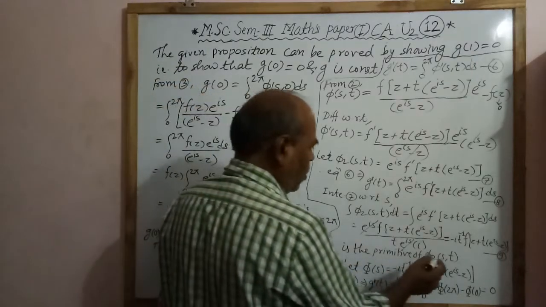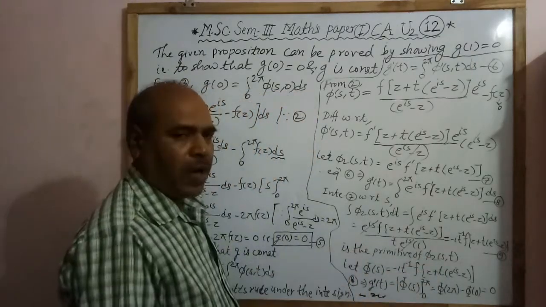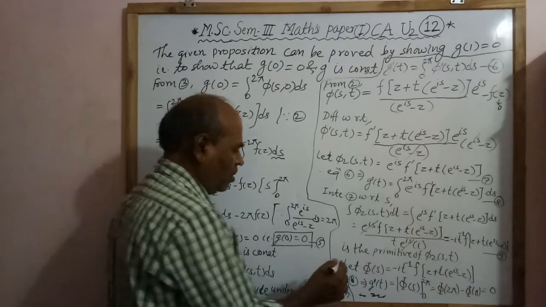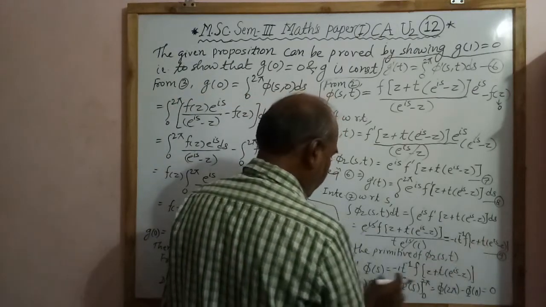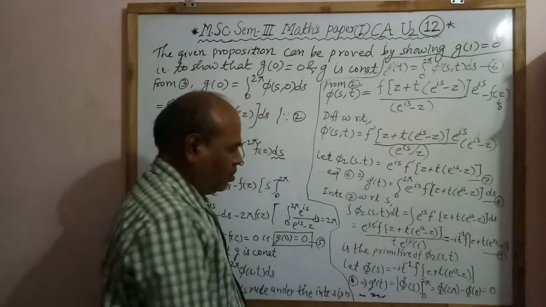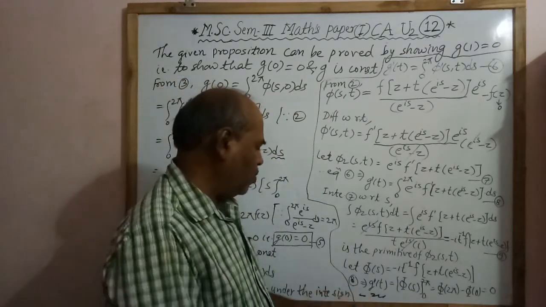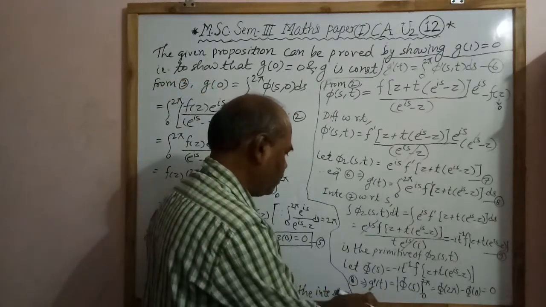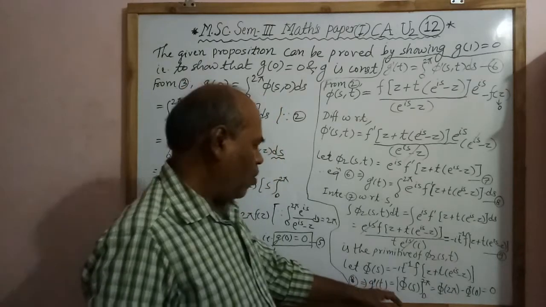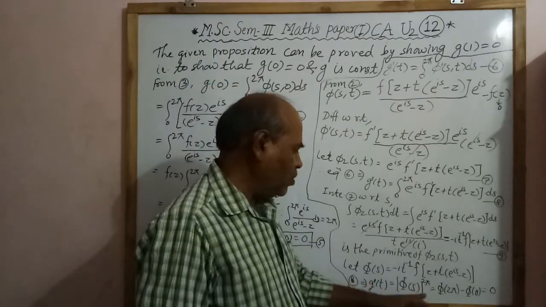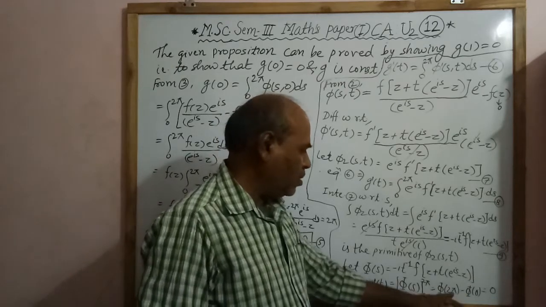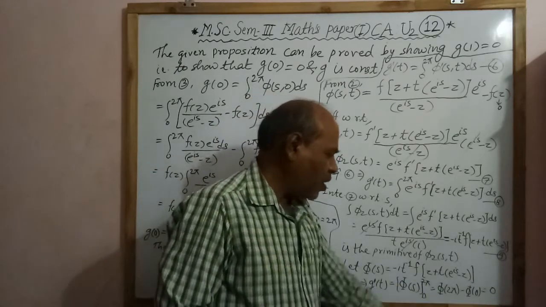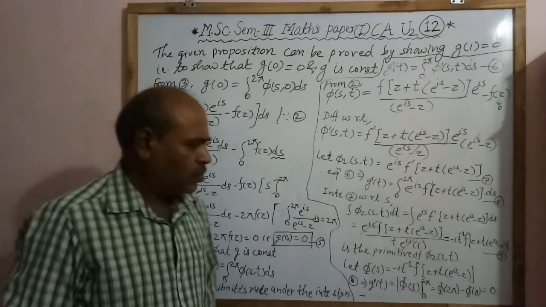This is the primitive of phi of st, the integration of phi 2 of st. Let phi of s be given by this, we denote this by phi of s. Equation 8 implies g dash of t equals phi of s with limits from 0 to twice pi, therefore upper limit s equal to twice pi, lower limit s equal to 0, phi of twice pi minus phi of 0, which is equal to 0.